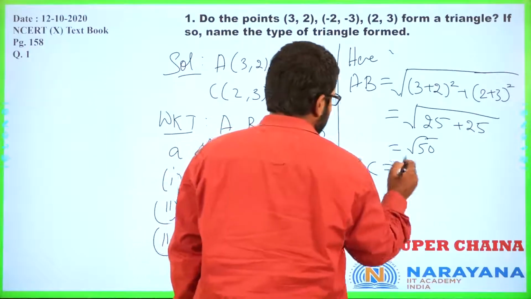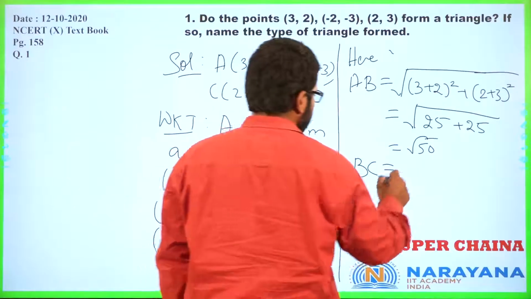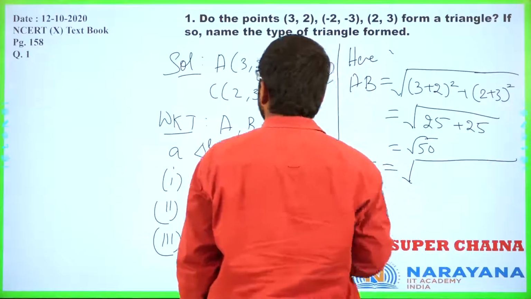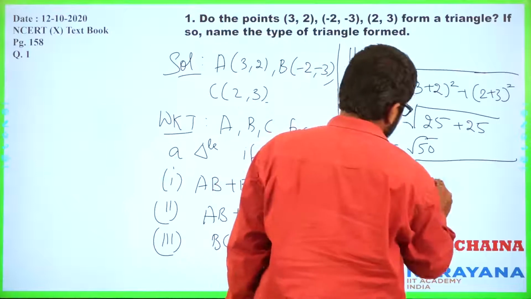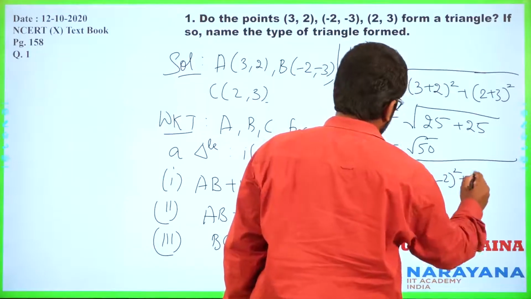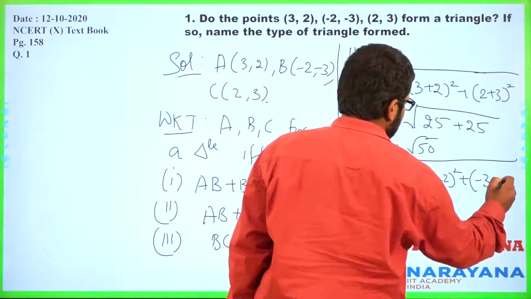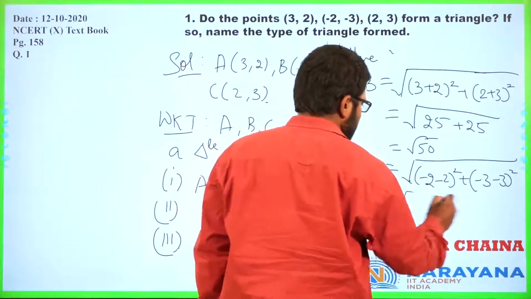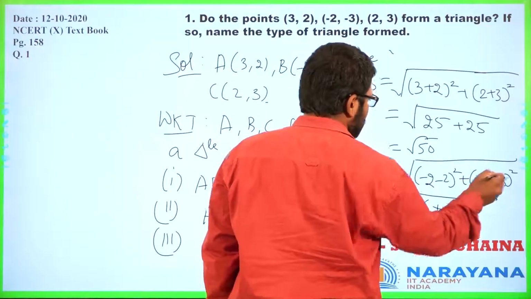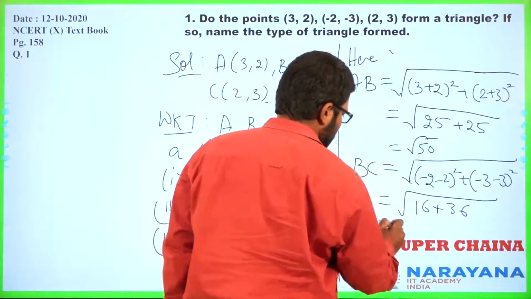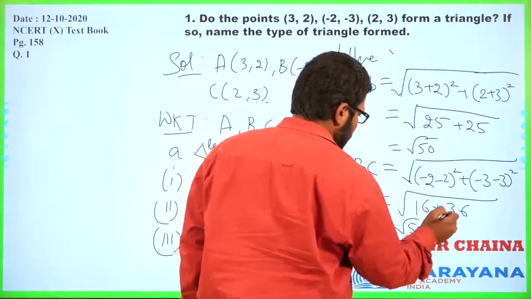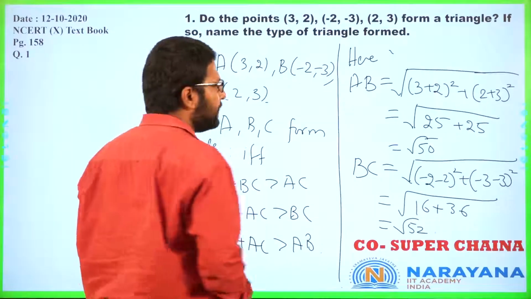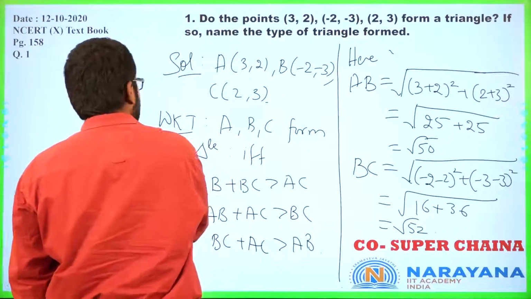Then BC would be under root of minus 2 minus 2 the whole square plus minus 3 minus 3 the whole square, which is under root 4 square, root 16, and 6 square, root 36, which will turn out to be root 52. So BC is root 52. What about AC?